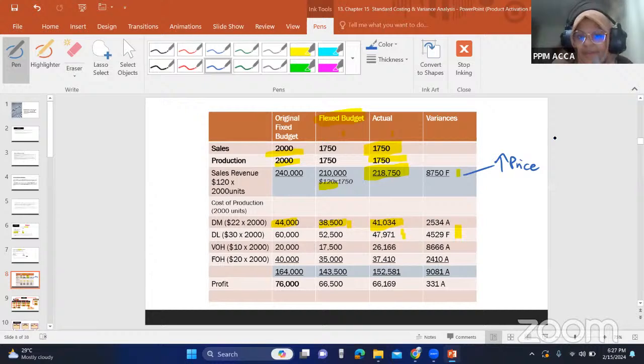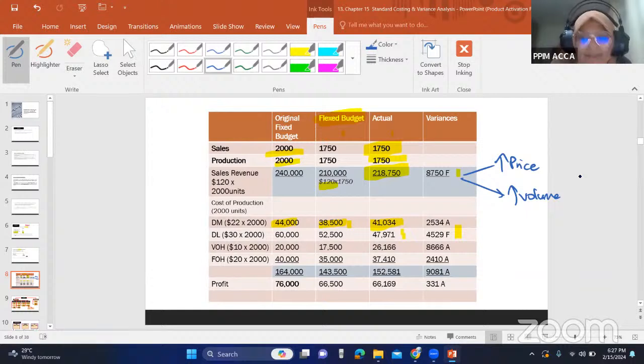We budgeted to sell at 120, maybe we were able to sell at 122. That's why we got more revenue. Or, in this question it's not the case, but in another scenario, we could have sold more volume than what we budgeted. Say we budgeted 1,750, but we sold more, like 2,000. So that is why we earned more revenue.